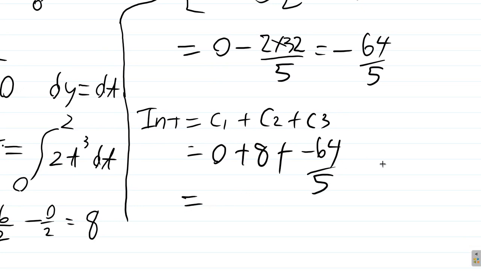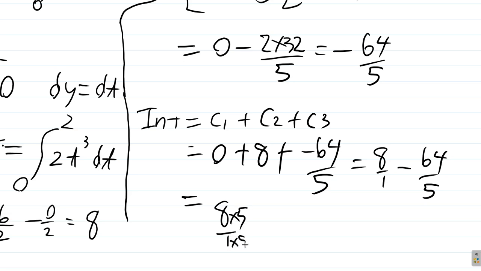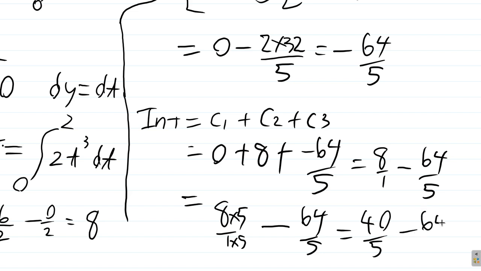So what we have is 0 plus 8 over 1 minus 64 over 5. How do we deal with this now? Let's use common denominators. Say 8 over 1, multiply top and bottom by 5. So we have 40 over 5 minus 64 over 5.